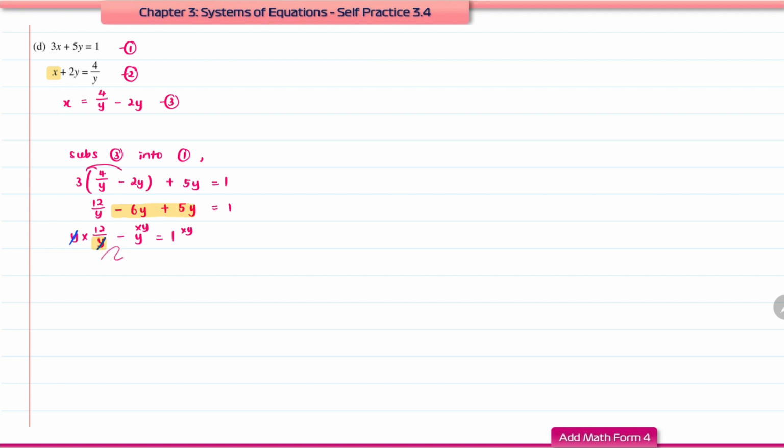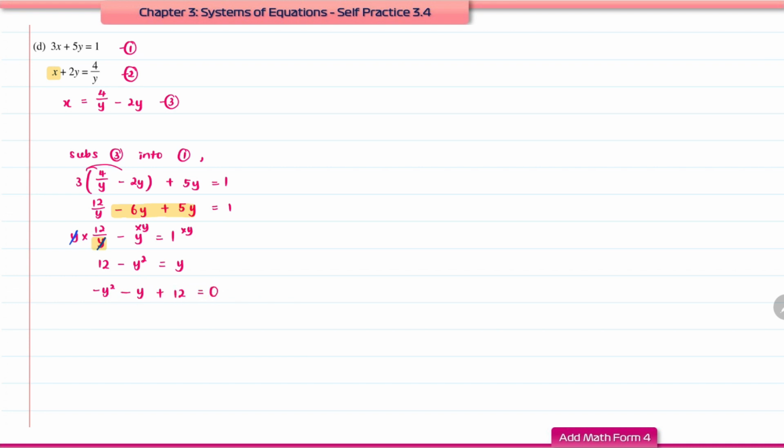So you're going to have next 12 minus y squared equal to y. So next we're going to move everything to the left hand side so that we can write in general form. So negative y squared minus y plus 12 equal to 0.